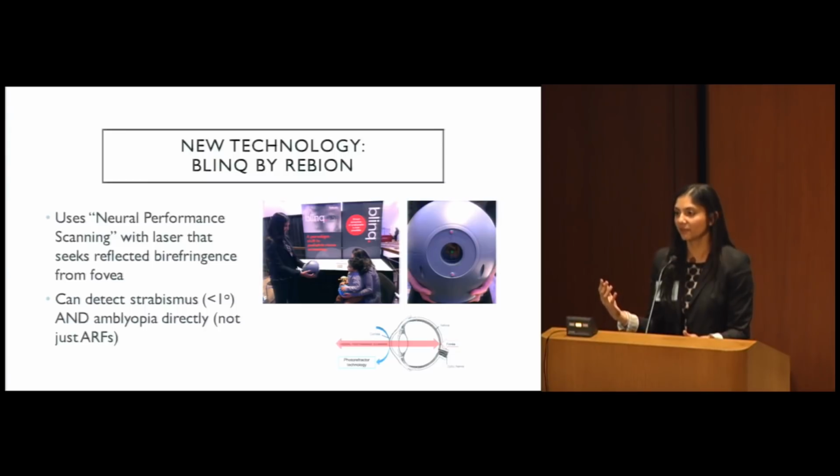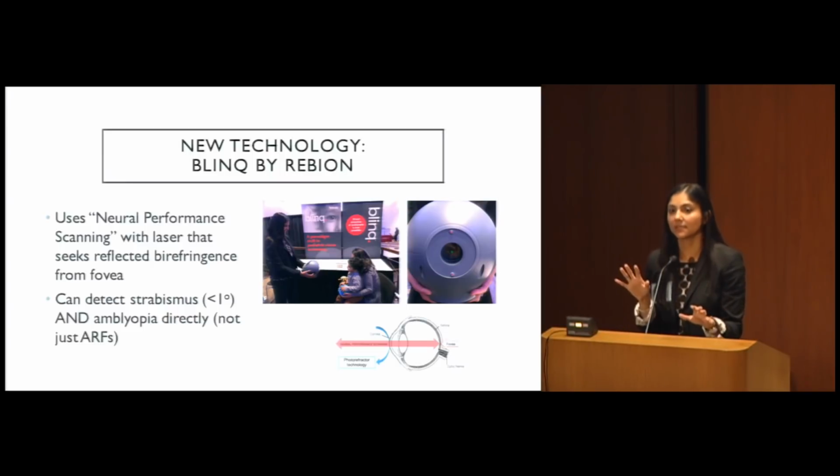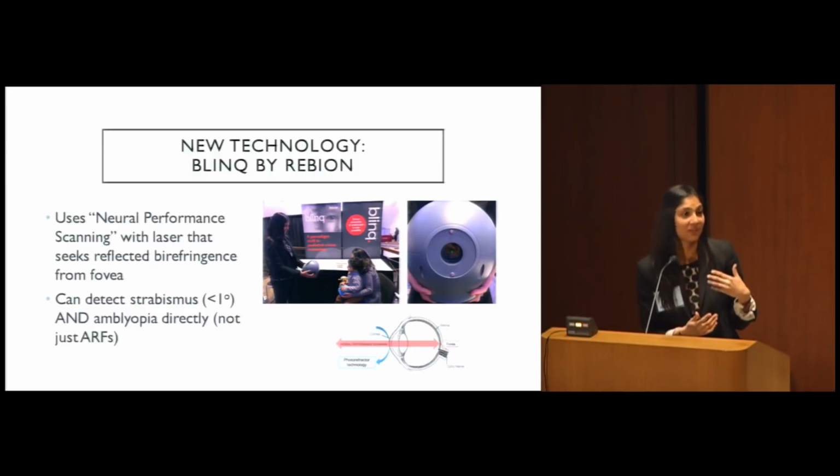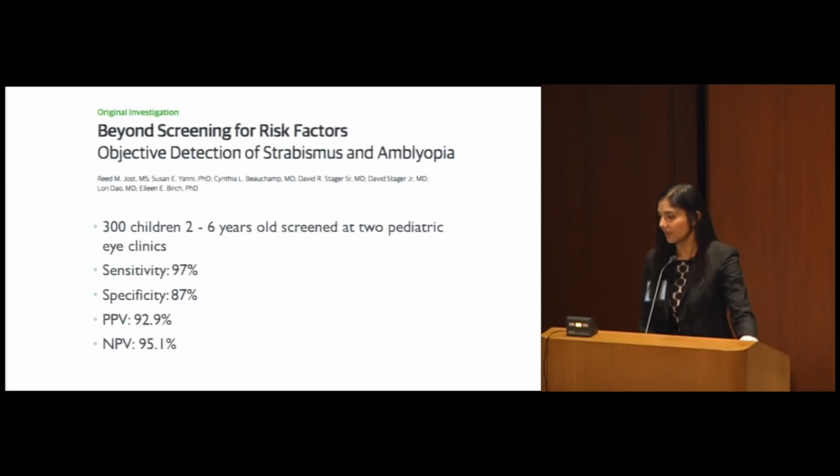Then, based off of the birefringence received back from the laser reflection between the two eyes, they can tell if there's a subtle misalignment or discrepancy, and thereby tell if there's truly amblyopia or even a strabismus of about 1 degree, which is something that even we as eye professionals can't do on our general eye exam.